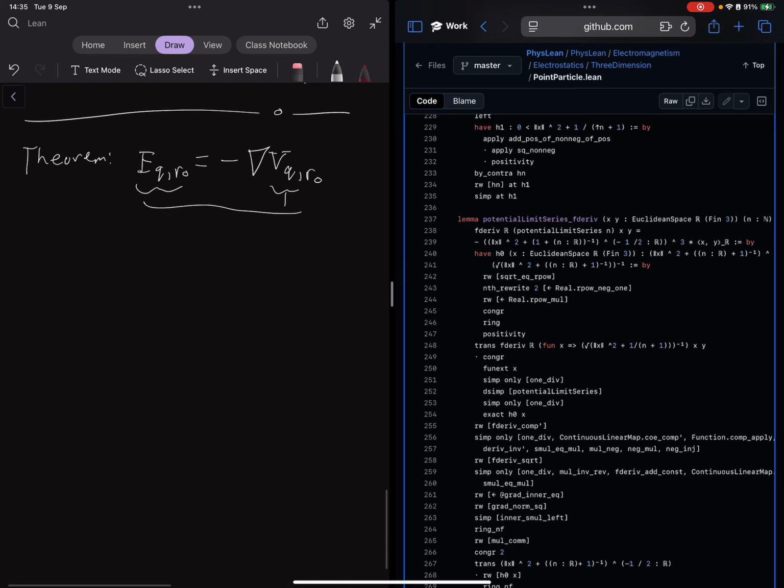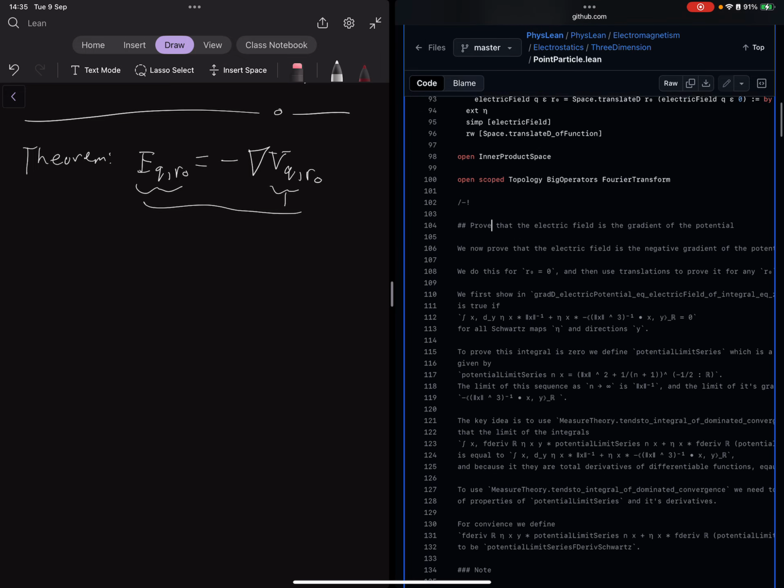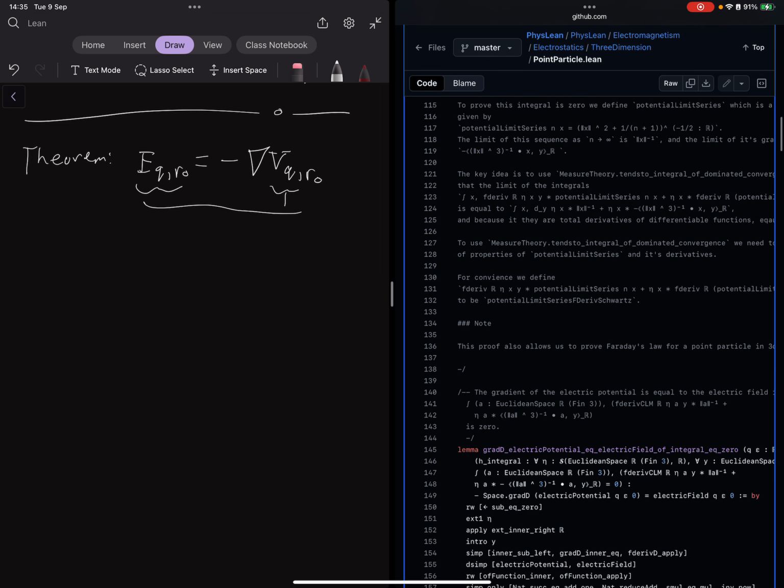I'm obviously not going to go over every single little detail here, but let me give you the brief idea of the proof. So the brief idea of the proof is to first prove it for the case of R0 equals 0. So this is this case, step 1.